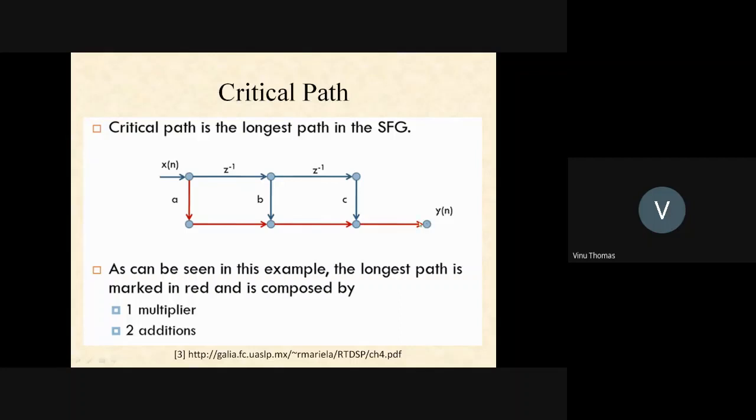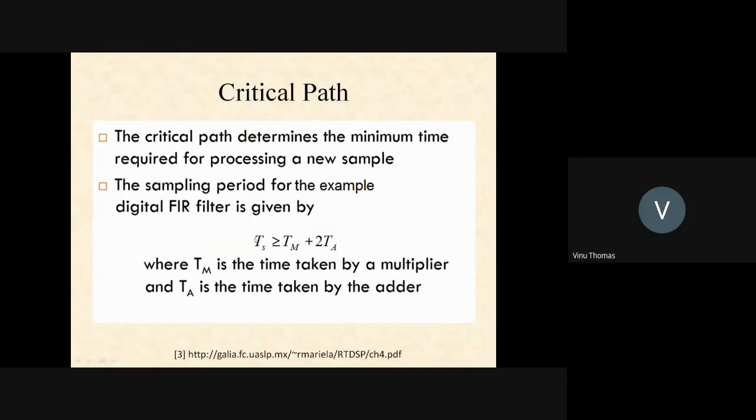And this therefore indicates that before you apply the next sample, the processing of the previous sample has to be completed, which means the next sample can be applied only after Tm plus 2Ta, where Tm is the time taken by the multiplier and Ta is the time taken by the adder. So the sampling interval has to be greater than or equal to Tm plus 2Ta. Is this understood? Yes, sir. Okay, so this is very critical.